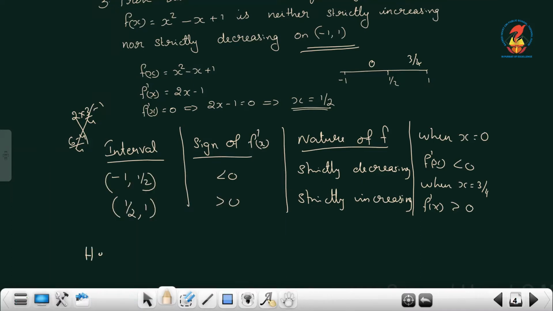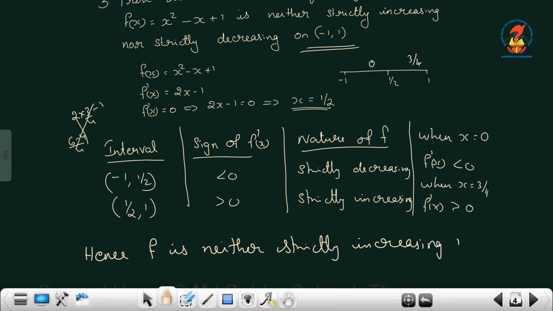Hence, f is neither strictly increasing nor strictly decreasing on which interval? Open interval minus 1 to 1.